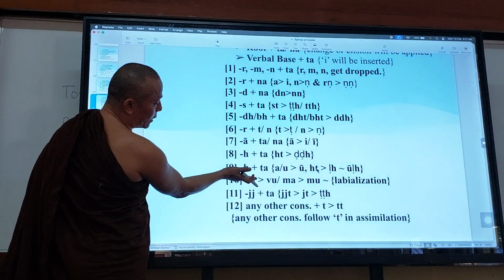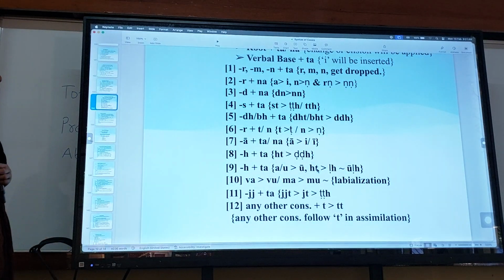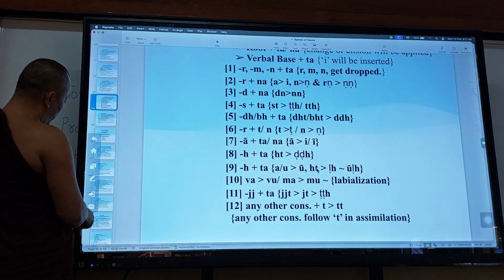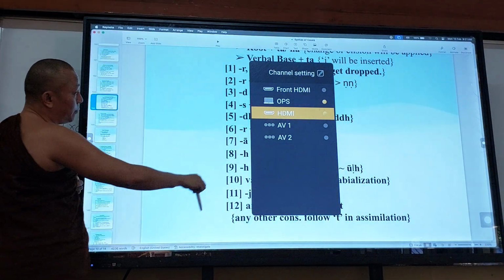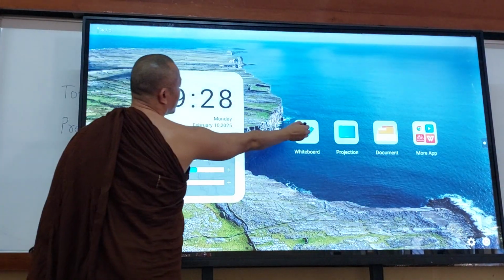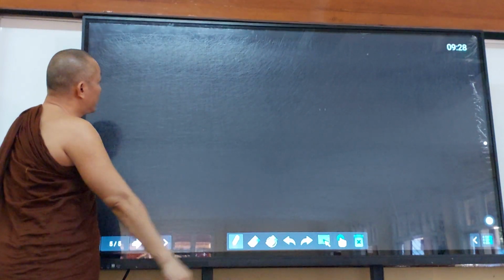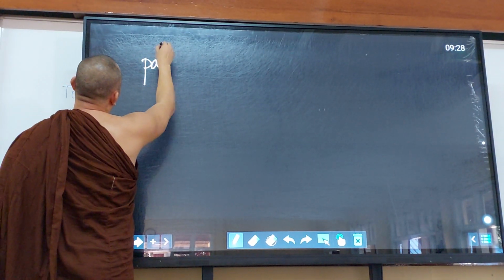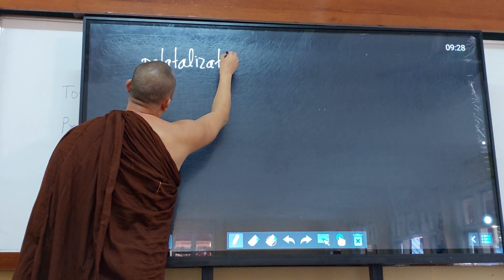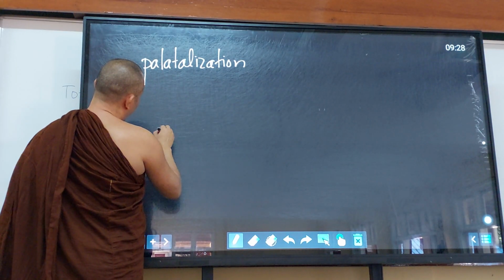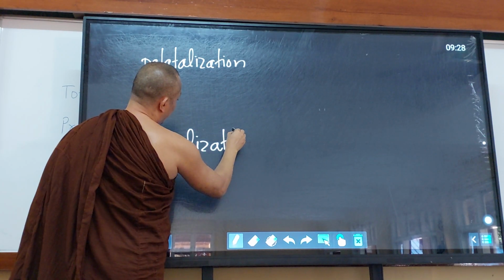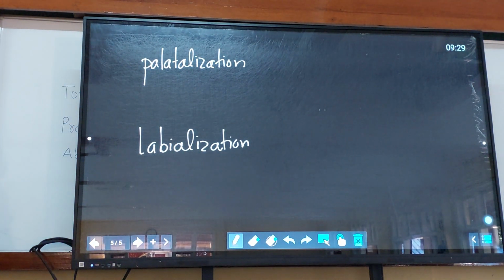And then labialization in Pali. There are two ways of changing: palatalization and labialization. Palatalization becomes a palatal consonant.